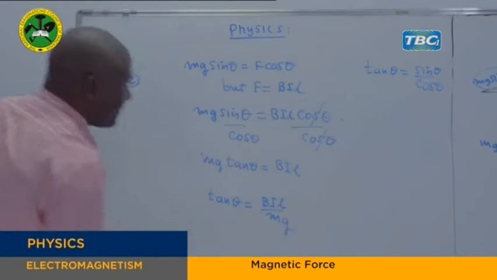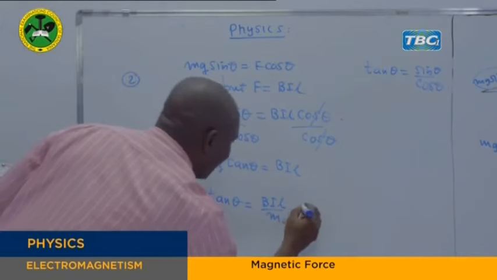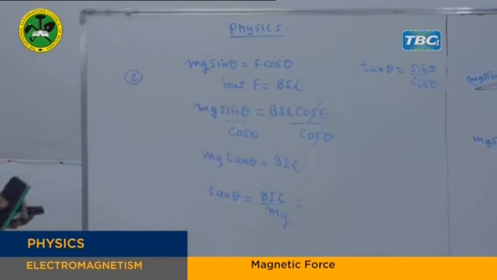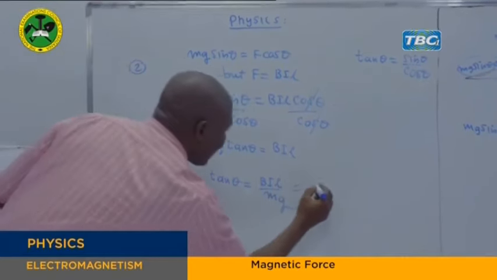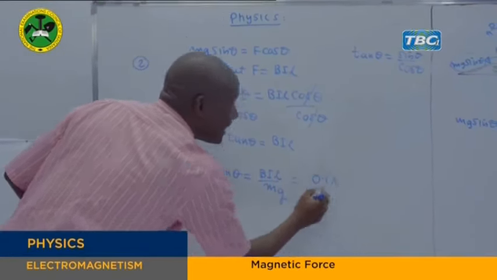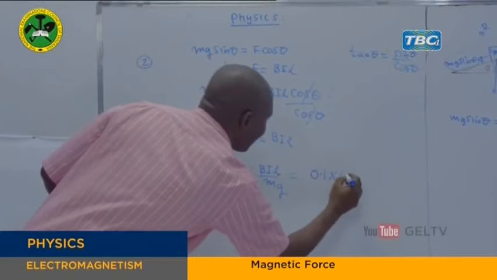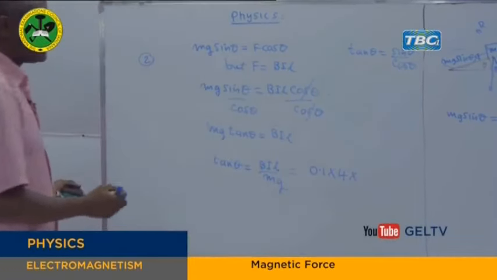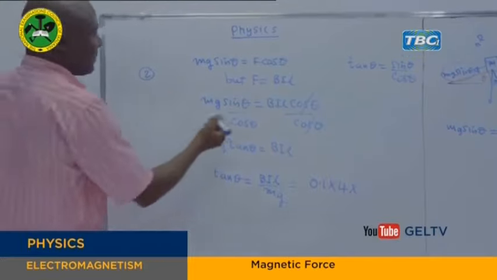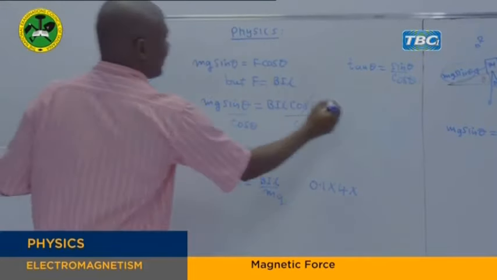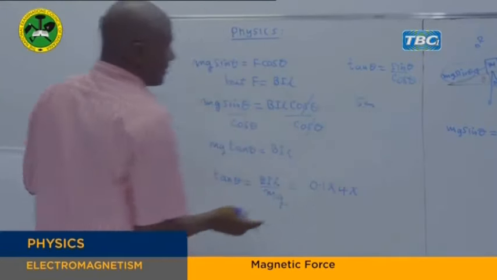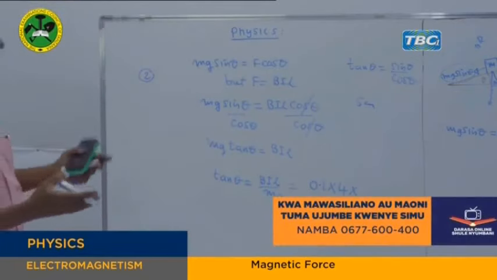So now the value of the magnetic flux density is given as 0.1, and the current was given as 4 ampere. The length was 5 centimeter. That was the length of the bar x.